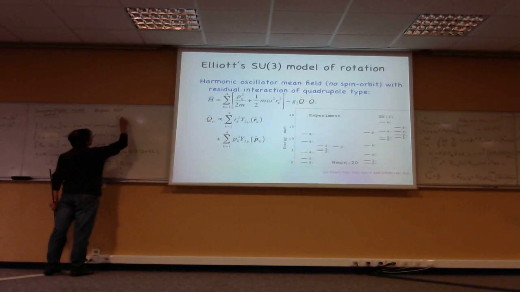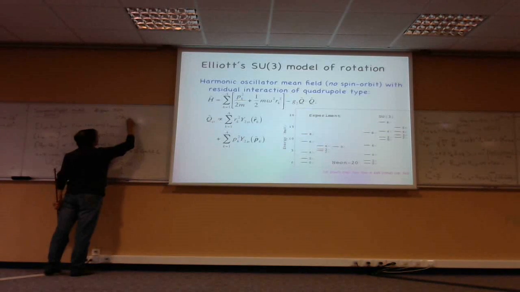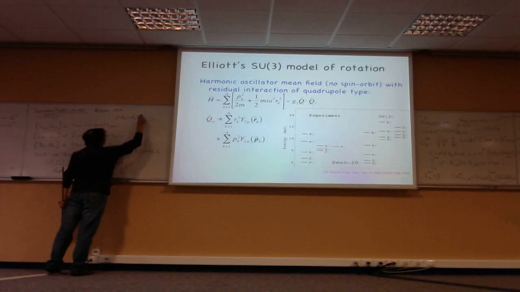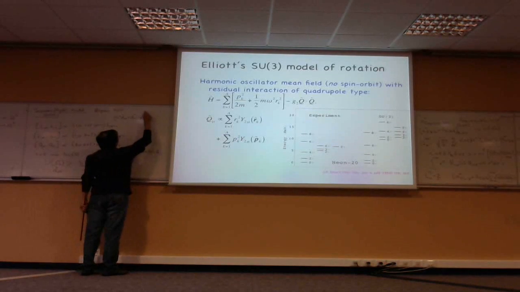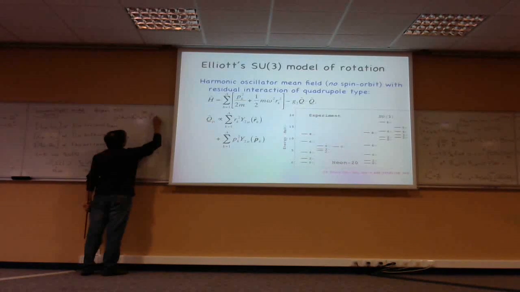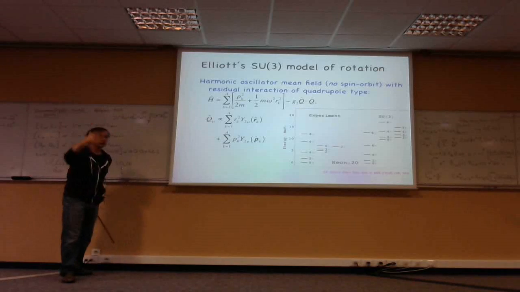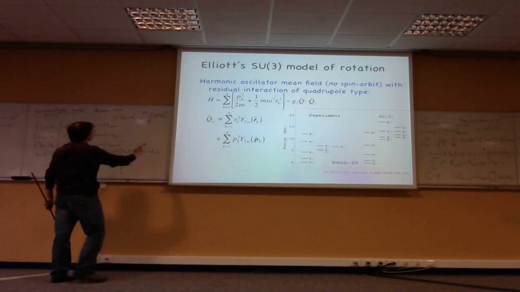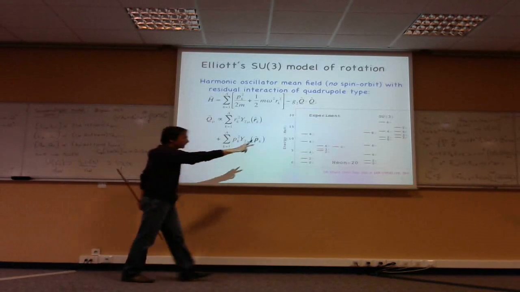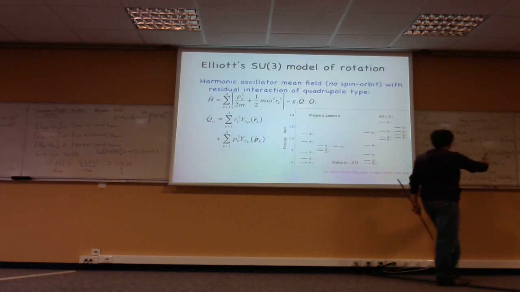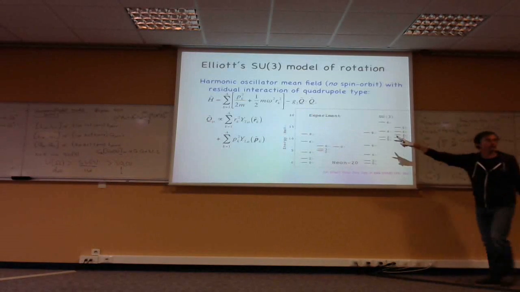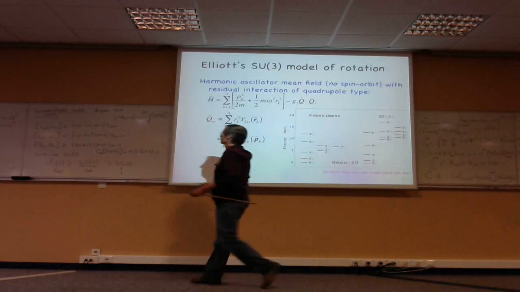It was S boson D plus D dagger mu S coupled to 2, and then minus square root of 7 over 2 D dagger D tilde coupled to 2. And this sort of came from the sky, right? Why was it square root of 7 over 2? If you go to the expressions here for S and D, you will precisely find this coefficient, square root of 7 over 2.